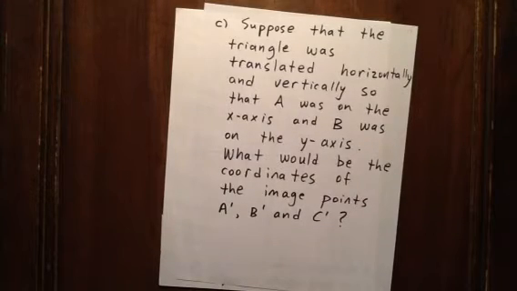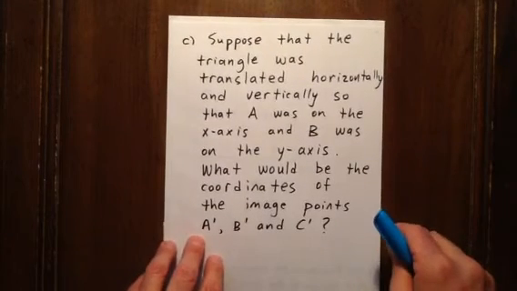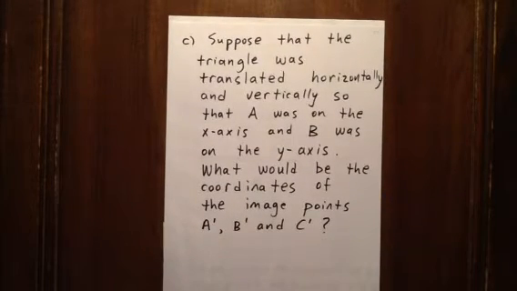Now, for our next question, we're going to suppose that the triangle we just were talking about was translated horizontally and vertically, so that A was on the x-axis and B was on the y-axis. And then we want to know what would be the coordinates of the image points that we obtained.